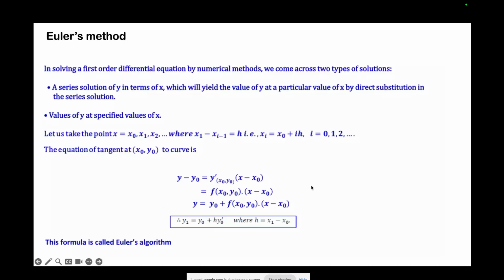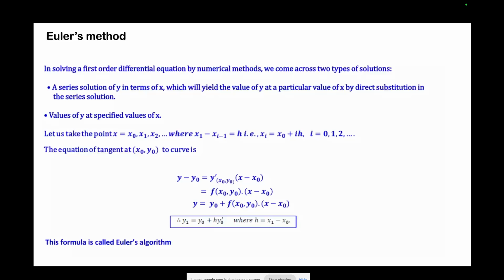So if you solve this whole thing, y minus y naught is basically the difference in y, equal to y prime of (x naught, y naught). What is y prime of (x naught, y naught)? It's the slope of the equation at the point (x naught, y naught), multiplied by x minus x naught.